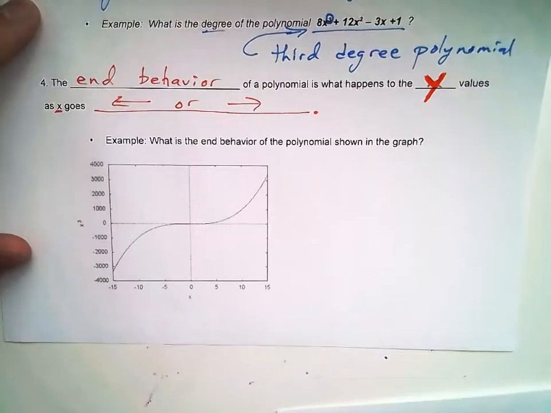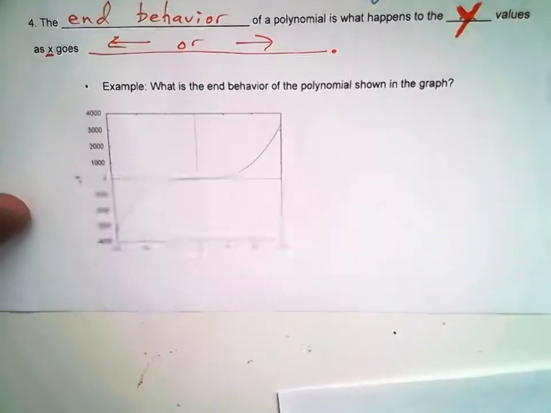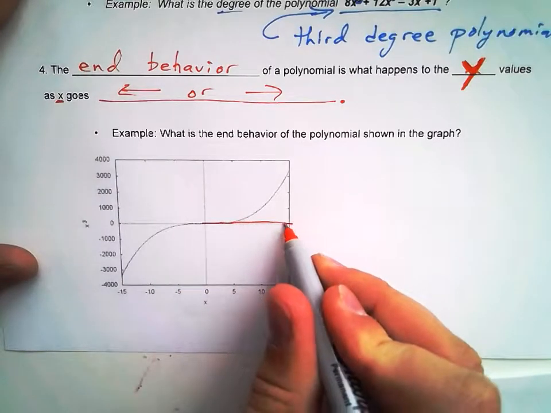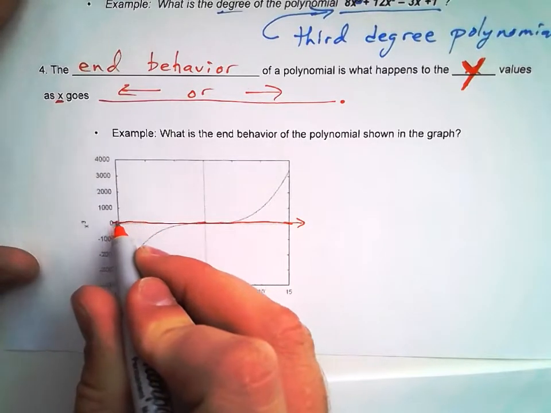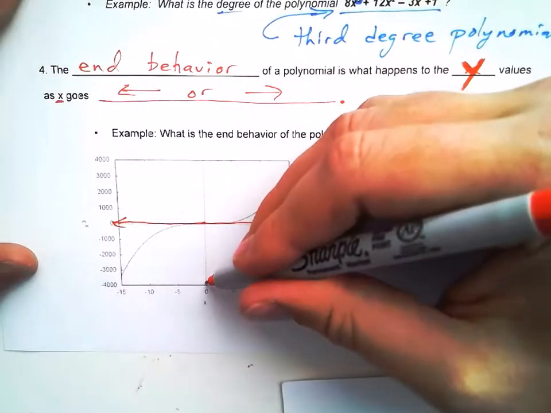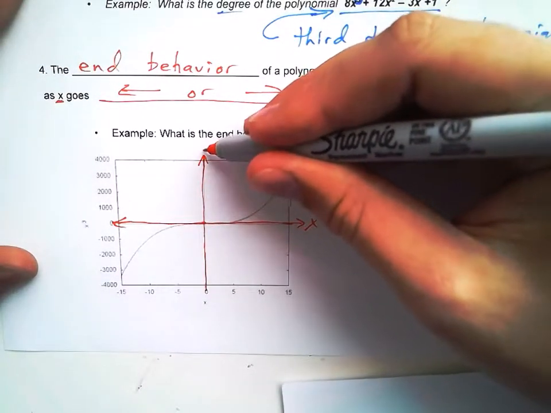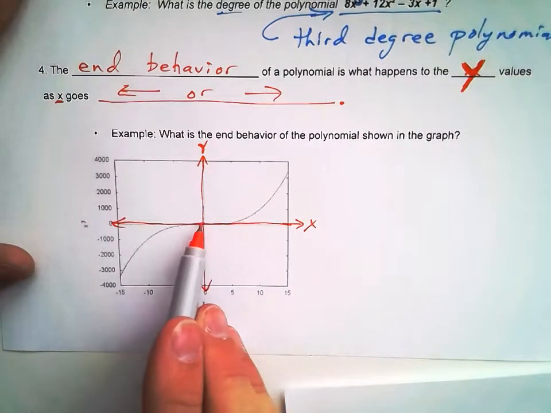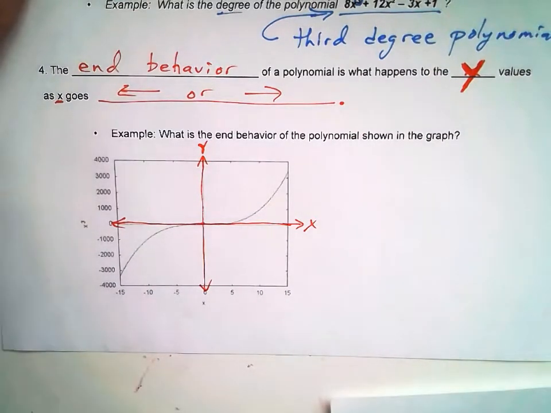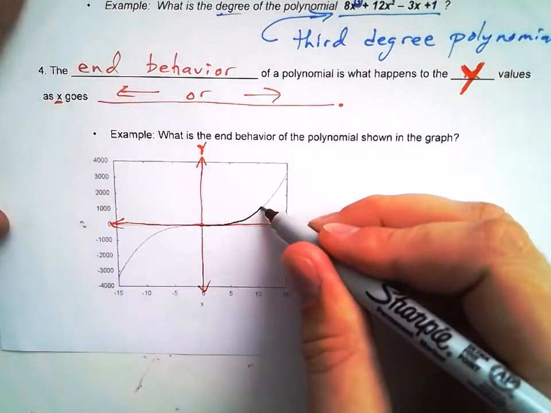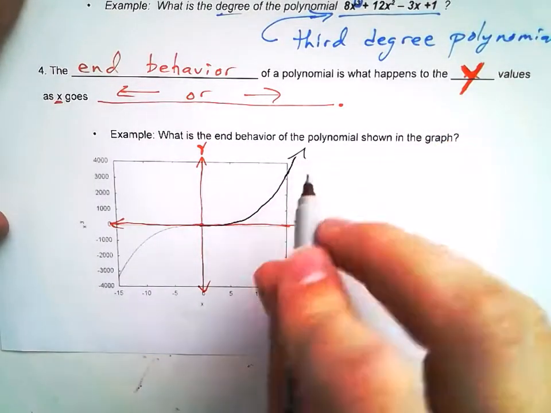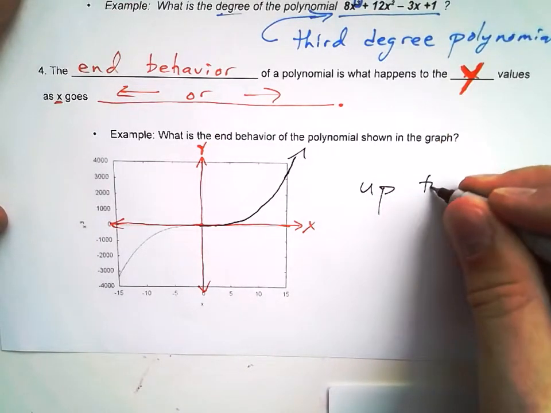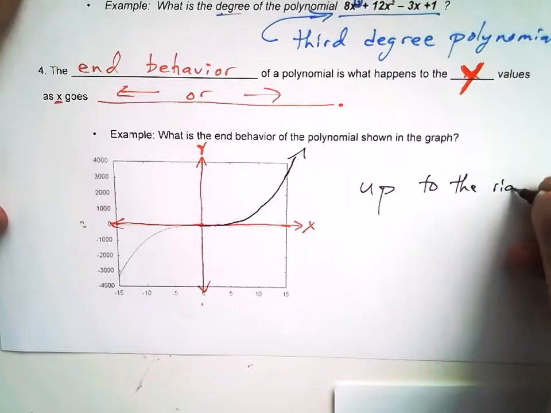So on this guy right here, you can tell when x, this is the x-axis, right? And this is the y-axis. So when x is going really big, the function is getting bigger and bigger and bigger, and it's going to go up, up, up, up, up. So up to the right.